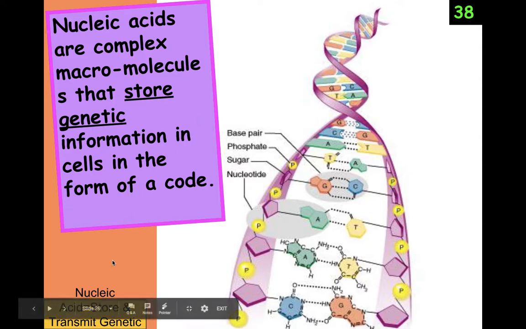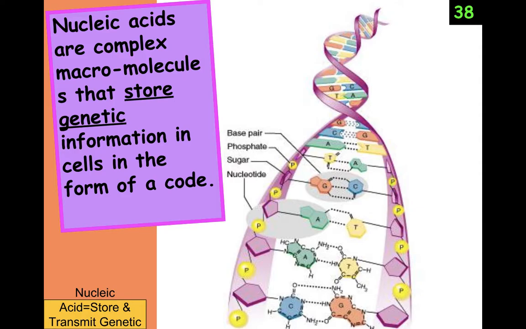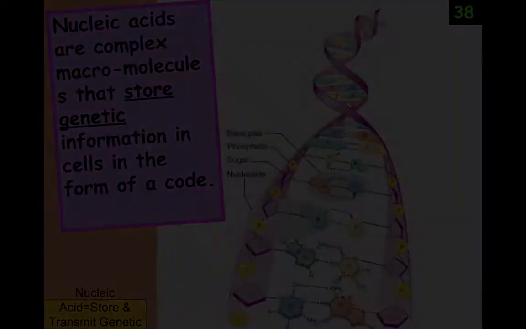So at the bottom, it gives you an idea of what they do. It says it stores and transmits the genetic code. The genetic code is responsible for everything from your hair color to eye color to how tall you are to whether or not you like to eat mushrooms, to different personality traits as well.